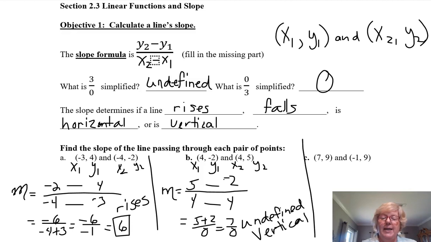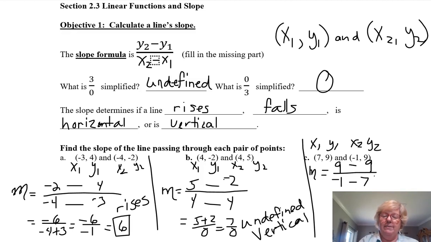Last example. I'll label my numbers x1, y1, x2, y2. And then I substitute it into the formula. So slope equals 9 minus 9 over -1 minus 7, which is 0 over -8, which is 0.